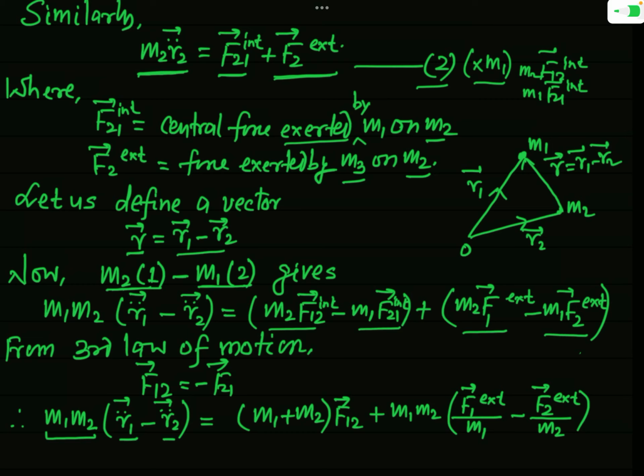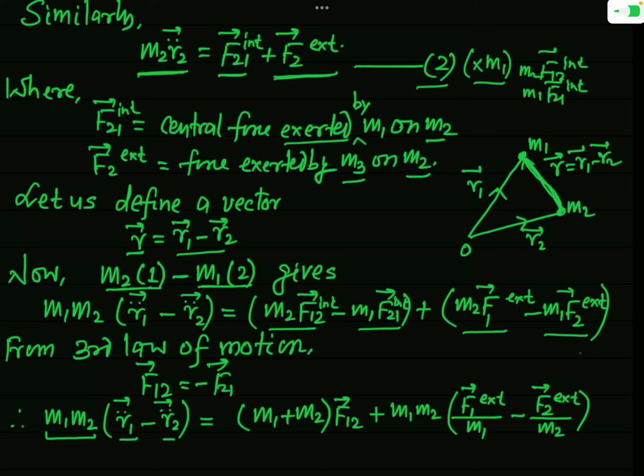Now, as I have told you earlier, m1 and m2 are mutually interacting with one another via a central force. So m1 exerts a force on m2, and that force is F21. And m2 exerts a force on m1, which we have considered F12.